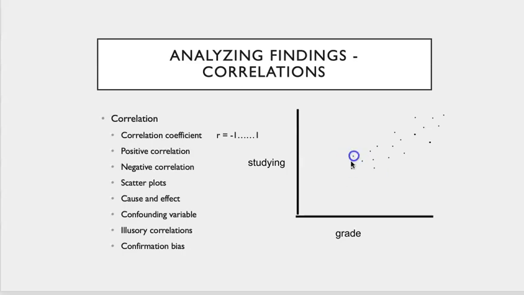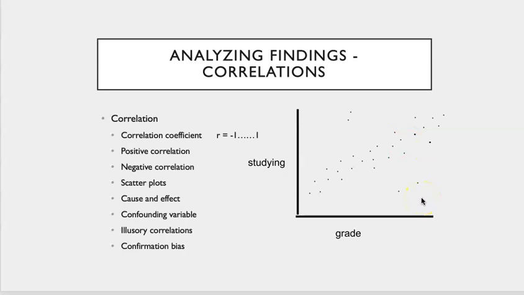look something like this. Of course, you always have someone who doesn't study and still does awesome, and someone who studies a lot but then doesn't do so great. But generally speaking, it's going to be like this. This is going to be a strong correlation.